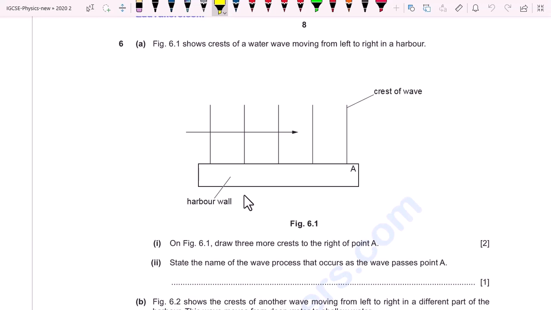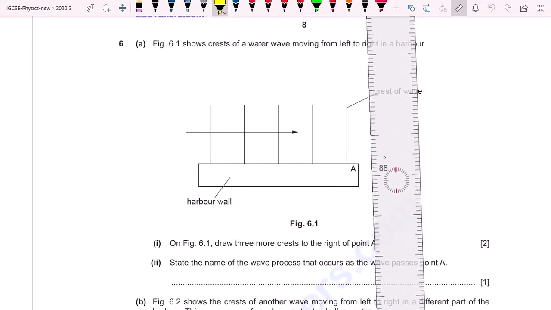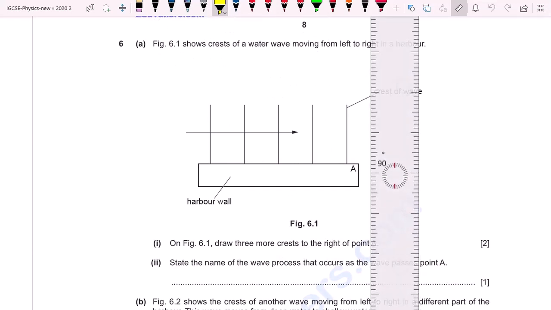So you can see here that the waves remain the same and the crests also remain the same. It means that they are parallel to each other. So after point A, when I draw the crest, there will be just a small curve at the end. I draw it. I am using a ruler to draw it.